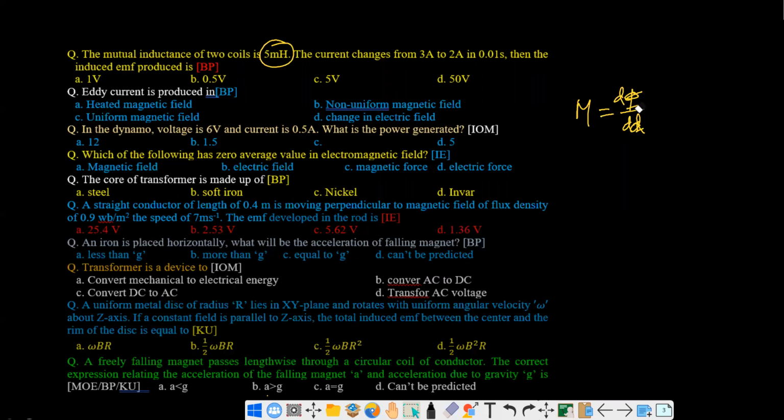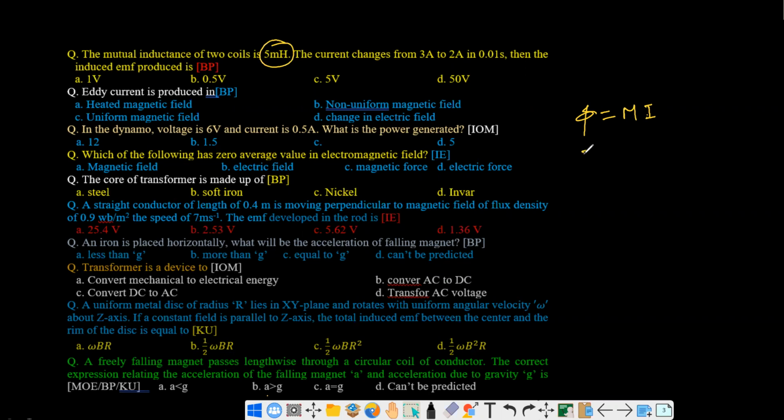From the definition of mutual induction, what we know is phi equals Mi. If we take the derivative of this phi, M will be equal to how much? Let me just simplify a bit.